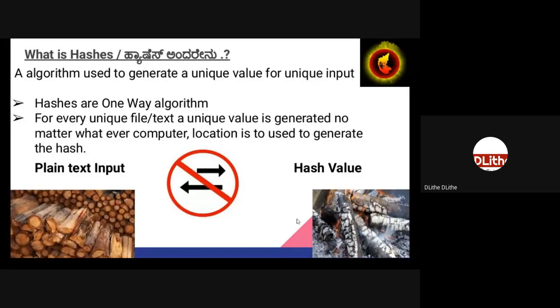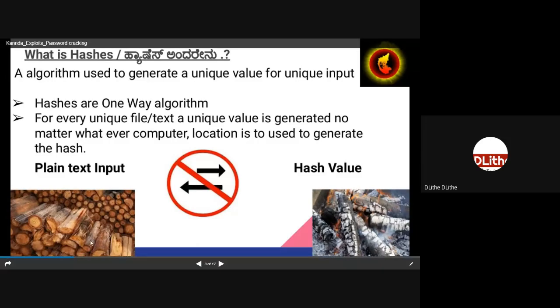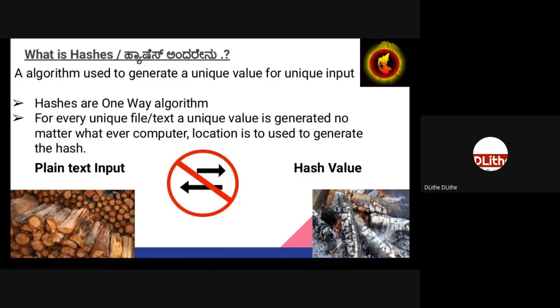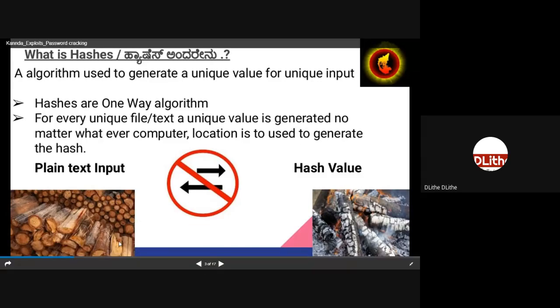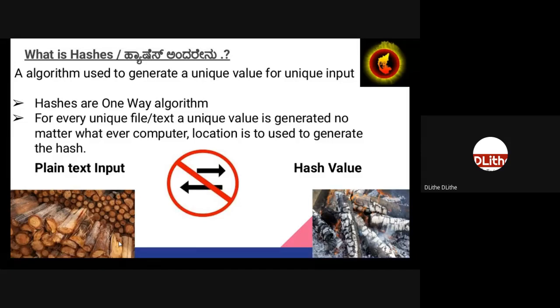There are two characteristics of hashes. First, hashes are a one-way algorithm, which means you can generate a hash value for your data, but you cannot do the reverse. If you have the hash value, you cannot get back the original data. It is similar to wood and ash: from the wood you can create ash, but from the ash you cannot get back the wood.